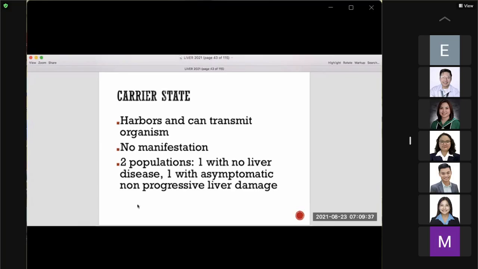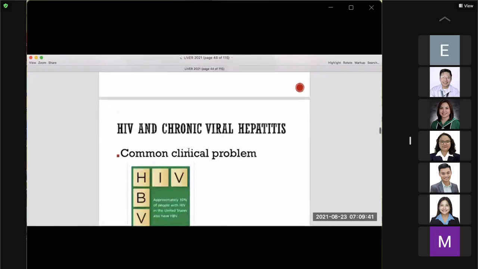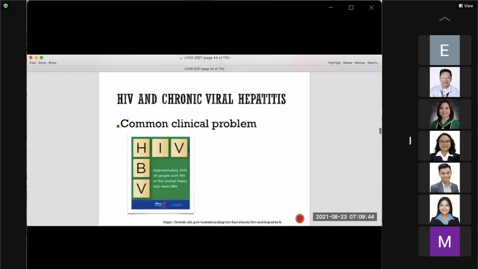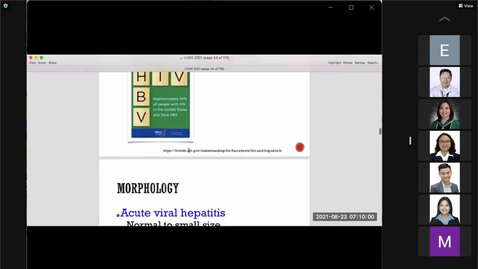So they are the ones who are in the carrier state. Okay, there is a correlation with HIV and chronic viral hepatitis. So this is seen to be a common clinical problem in patients having both HIV and chronic viral hepatitis.